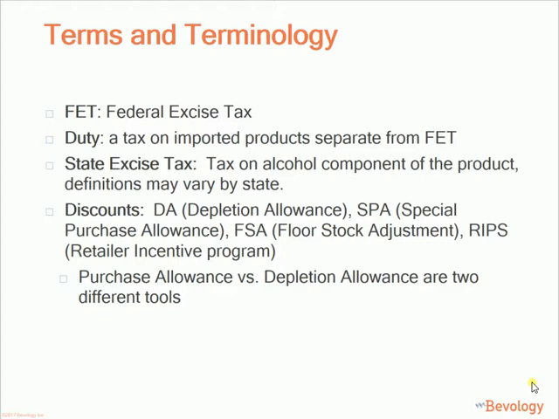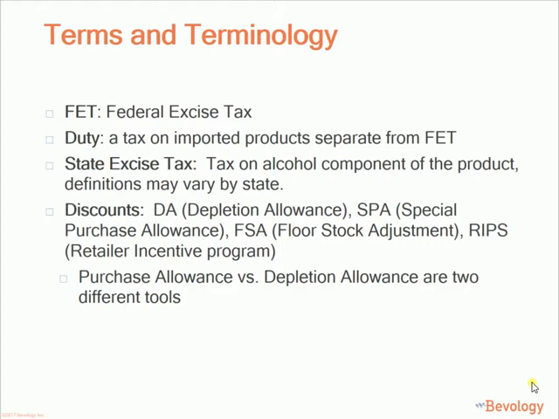We also are not including here a bunch of things, but it's important that you understand what a DA, SPA, FSA, RIP, and so on are. In each state, they may have a different jargon that they use. RIPs, for example, is used only in New Jersey or principally in New Jersey. But it's important that you understand what these terms mean and how they function and how they impact price structures and who it benefits.